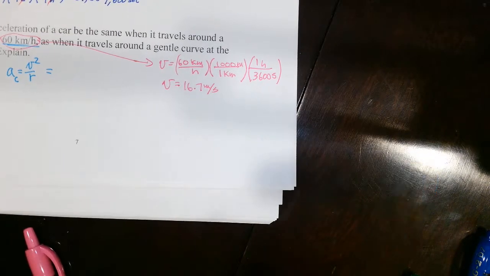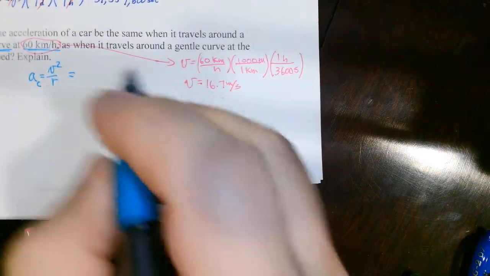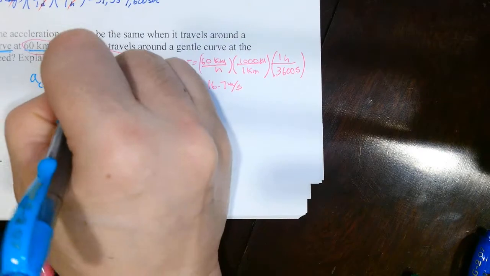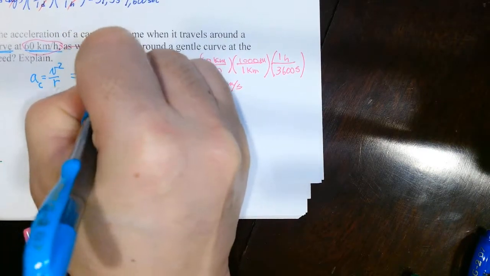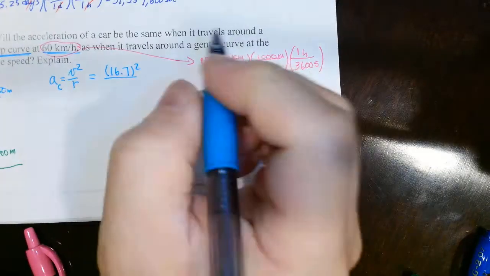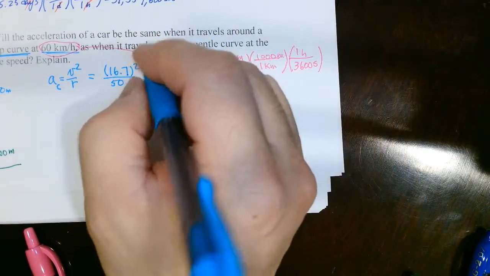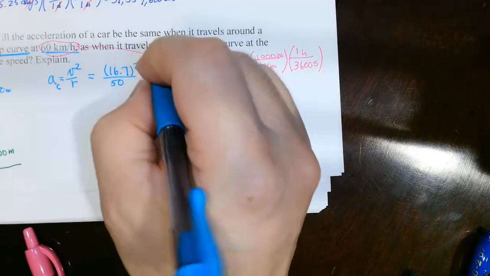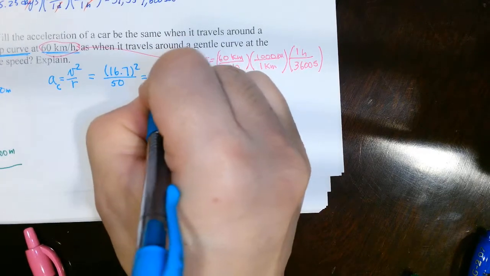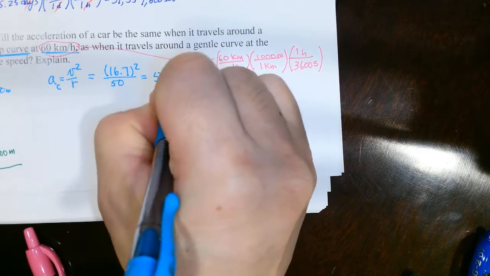So if you plug in this v at 16.7 meters per second, you get 16.7 squared, divided by a radius of only 50. So this should give you your acceleration to be somewhere around 5.56 meters per second squared.